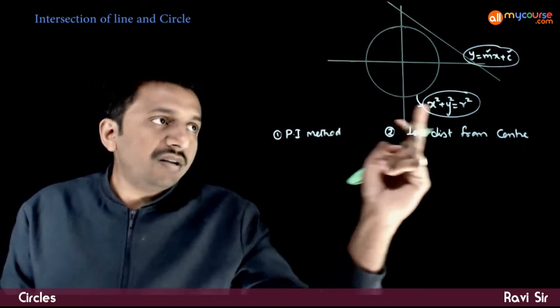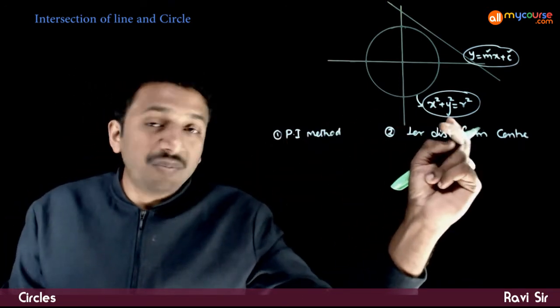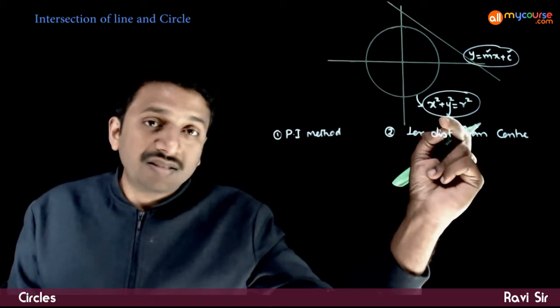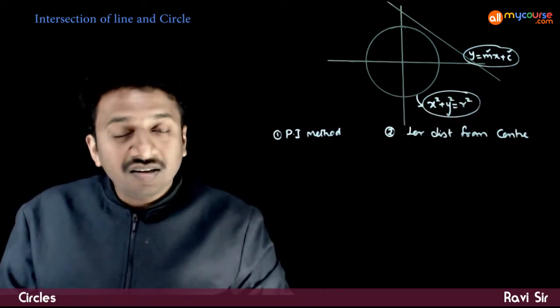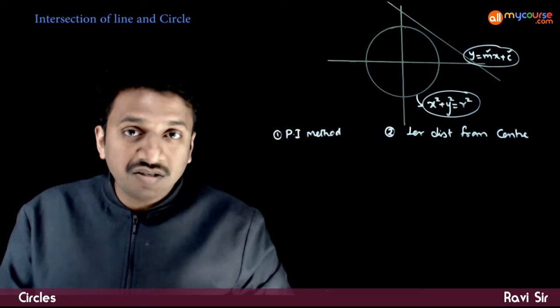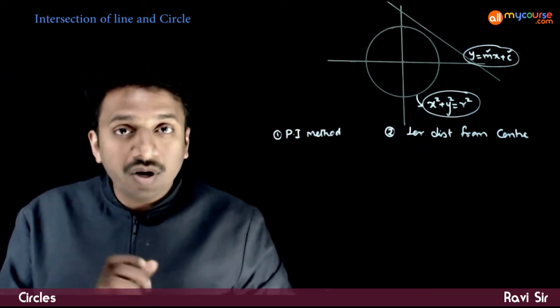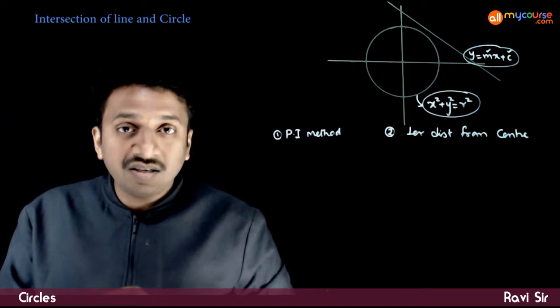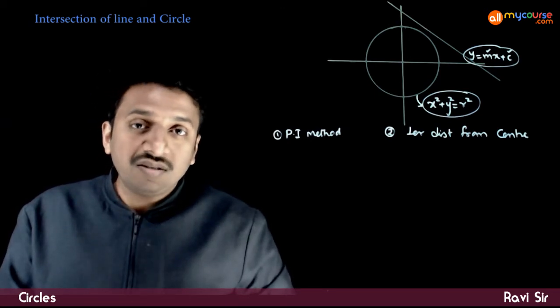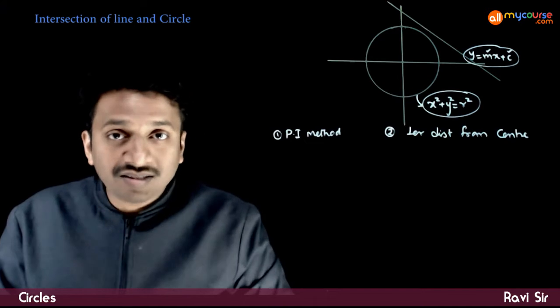In the first method, I try to find the point of intersection of this circle and this line. If I get 2 points of intersection, that means the line is a secant. 1 point of intersection, the line is a tangent. No point of intersection, the line is not cutting the circle.